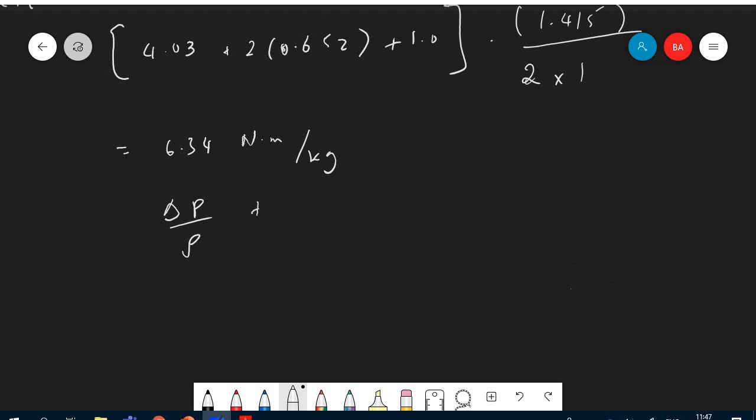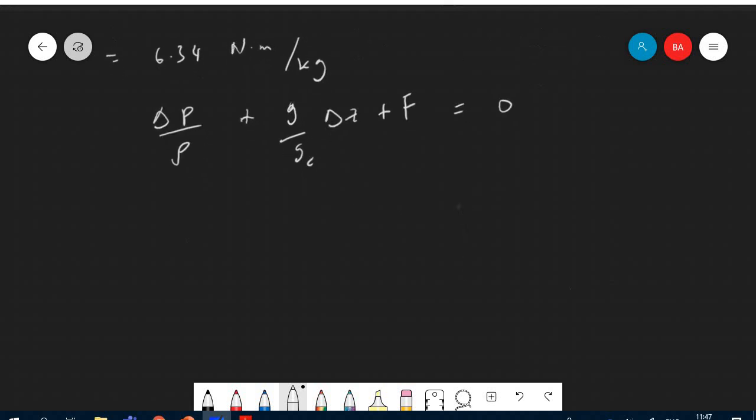What will be the answer now? If you can recall, we have delta P over rho plus the Z term, which is G over GC delta Z, plus F, equal to W over M dot, which is equal to 0.